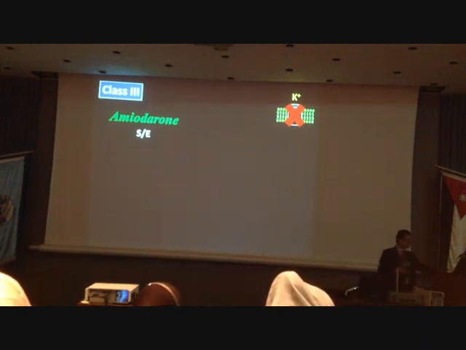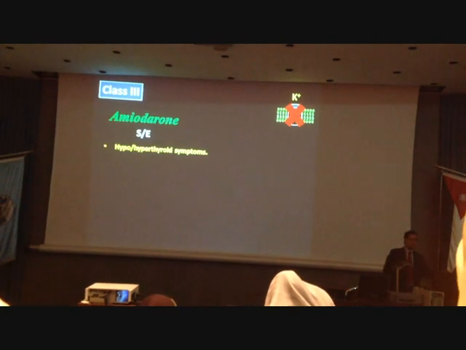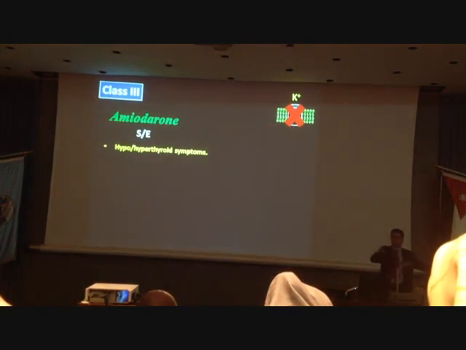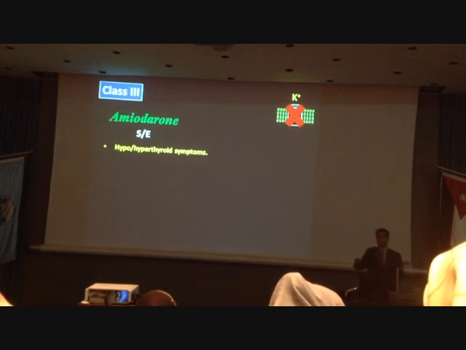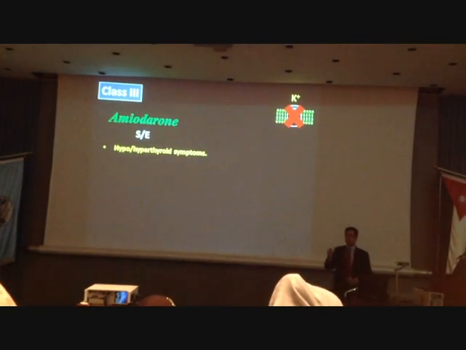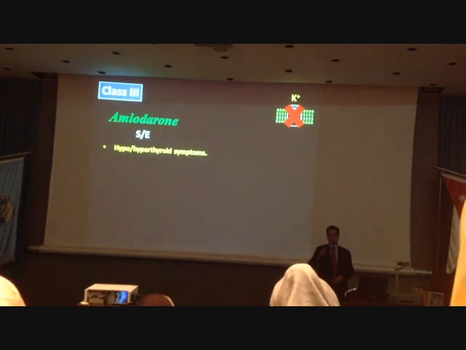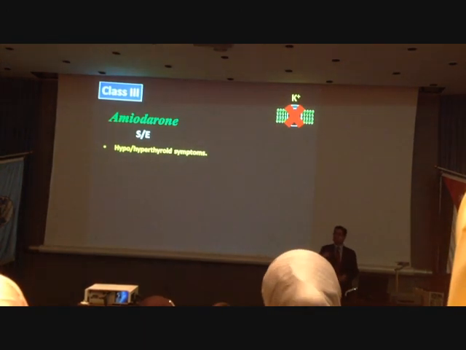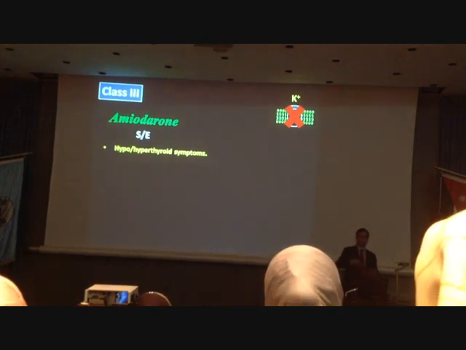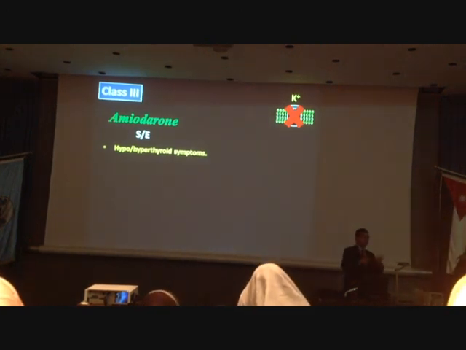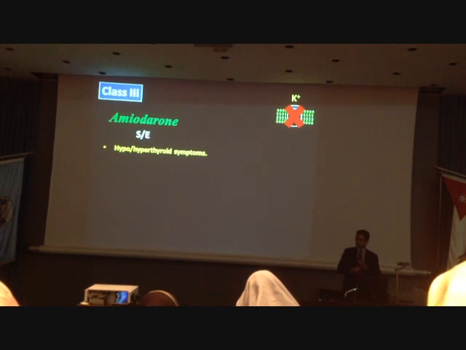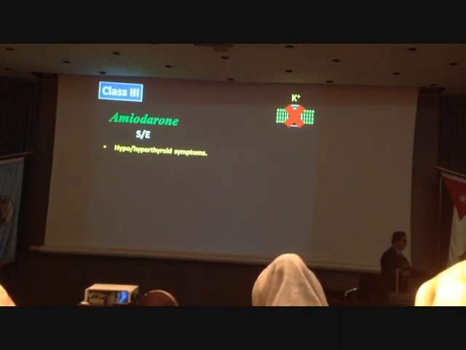Hypo or hyperthyroidism are very common side effects for amiodarone. What else? He said arrhythmias, and this is exactly true. Amiodarone is considered a pro-arrhythmic drug as much as it's an anti-arrhythmic drug. Pro-arrhythmic drug means what? It could generate or lead to arrhythmias in patients. So you have to take care of that thing.